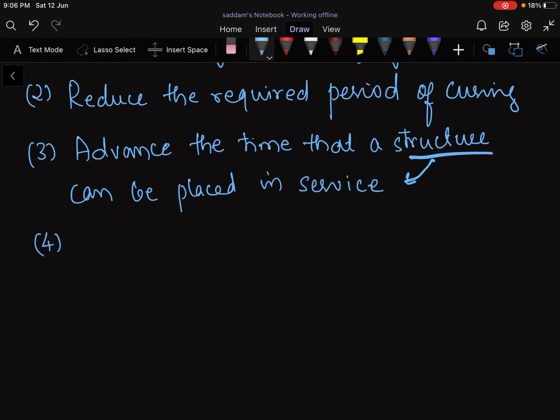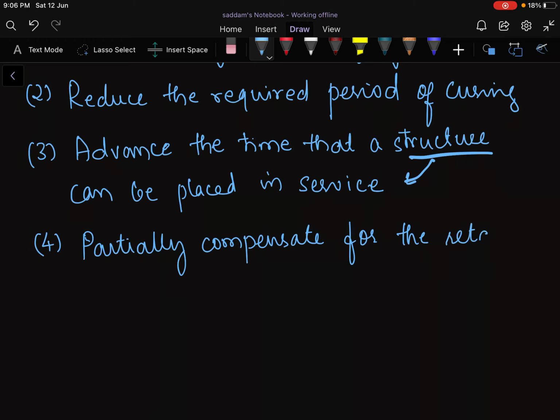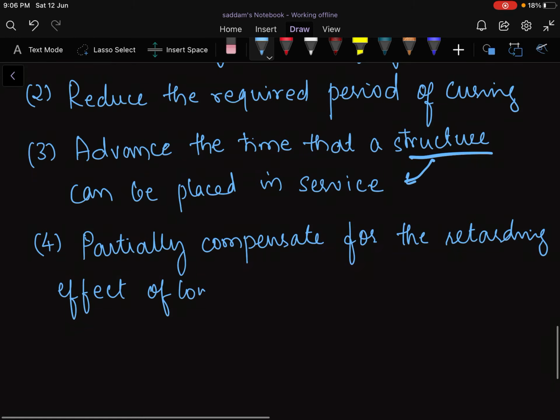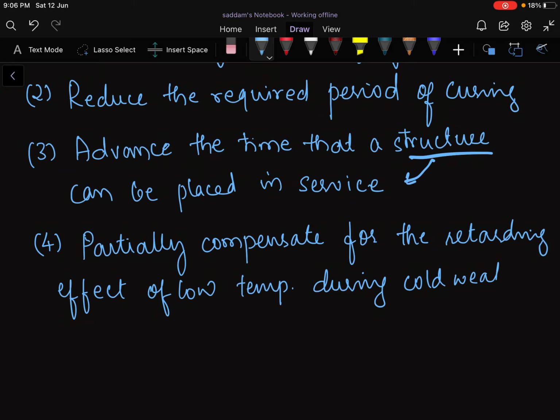Now the fourth one is to partially compensate for the retarding effect of low temperature during cold weather concreting.